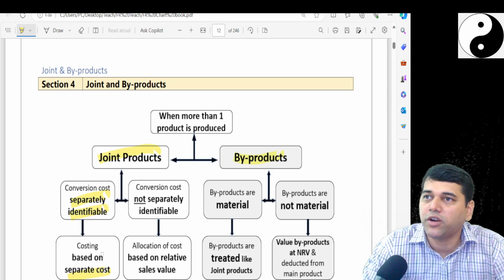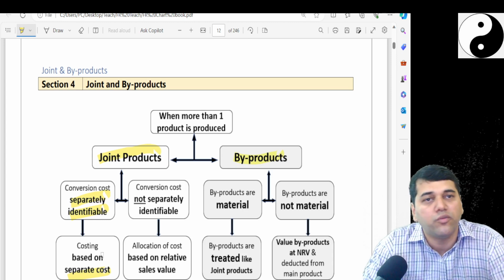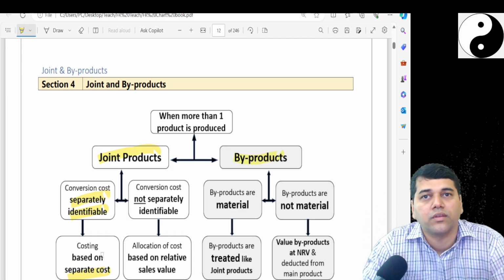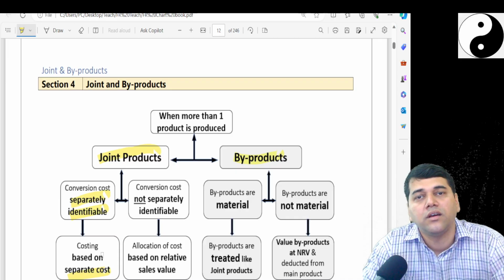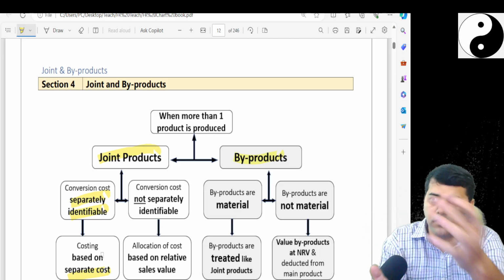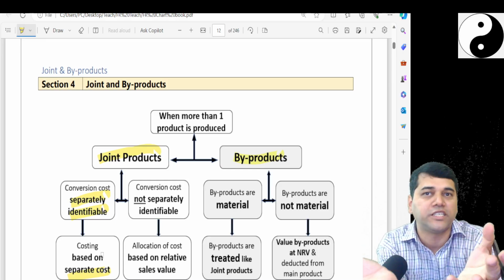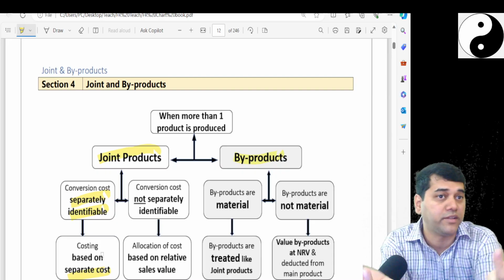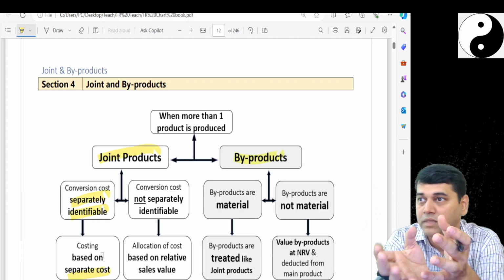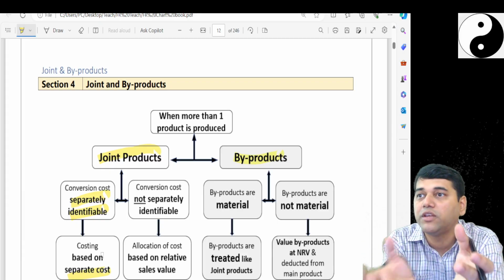Joint products means from one raw material you produce two items. Tender coconut: you sell the tender coconut, and from the outer cover you prepare something artistic, and both are good sales. They are joint products. You don't give more importance to one there. Both are equally good products.